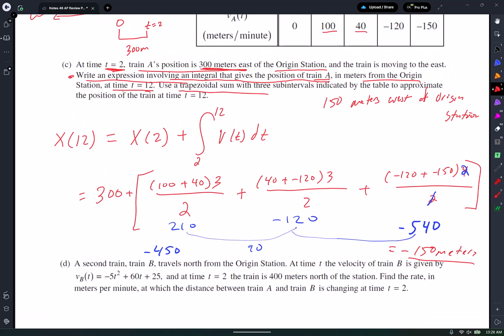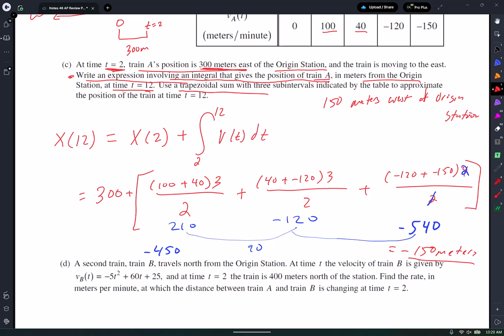No, that's fine. Please ask. Can you explain it without the math? Explain it logically. Okay, I can do all the math, but I can't apply the math to the comments. Well, all they wanted to know was, look, they're giving us a hint. Use the trapezoidal sum with 3 subintervals. This is how you find position, because my position at 12 is equal to the position given plus how much I move. So this integral is this right here.